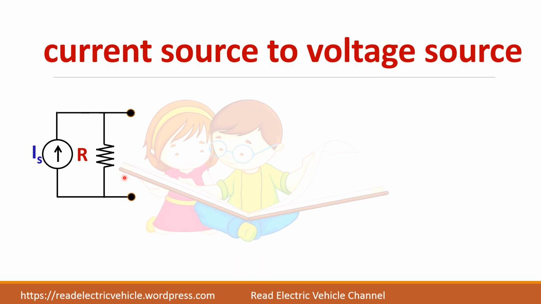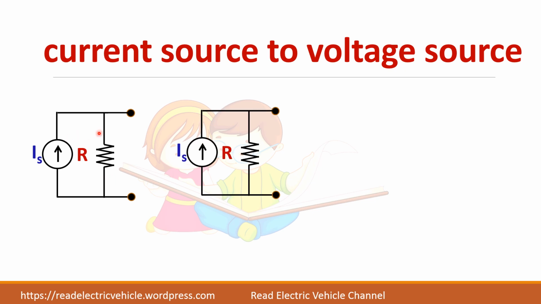Similarly, let us see how to convert this current source to voltage source. You have a current source here. You find the open circuit voltage for this one. So what is the open circuit voltage? VOC is equal to this current Is into R, because this part is open, this current will flow through the resistor.